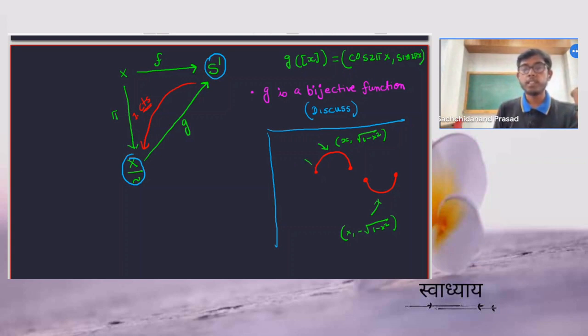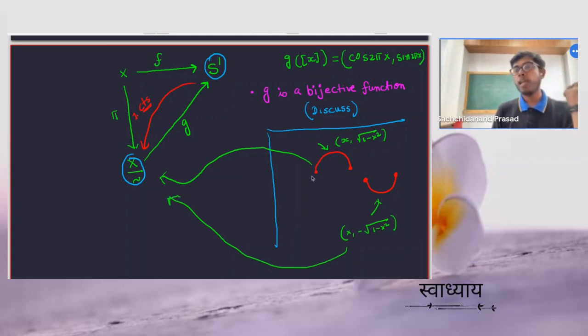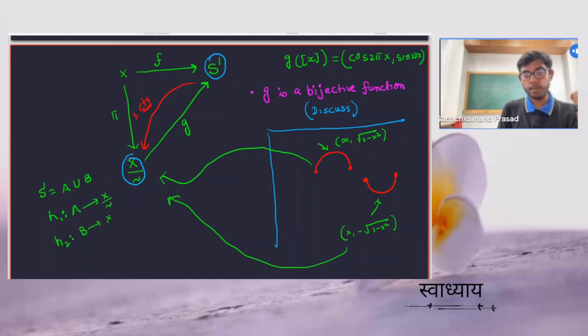With this I can define a map, and with this also I can define a map. So I partition the circle into A union B, and I have defined my H1 from A to X mod tilde and H2 from B to X mod tilde.